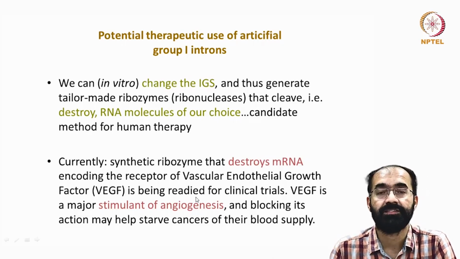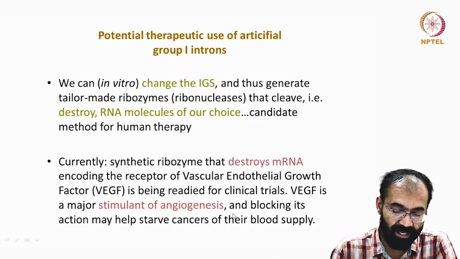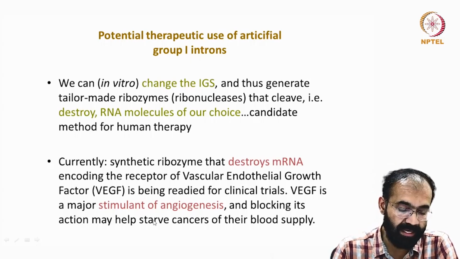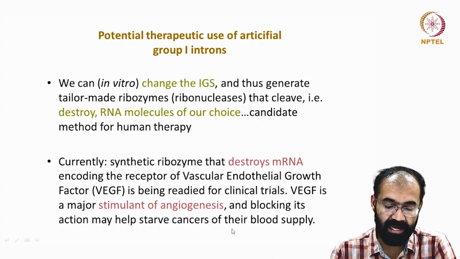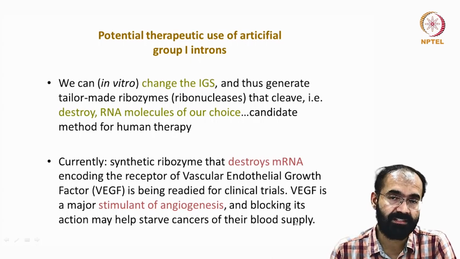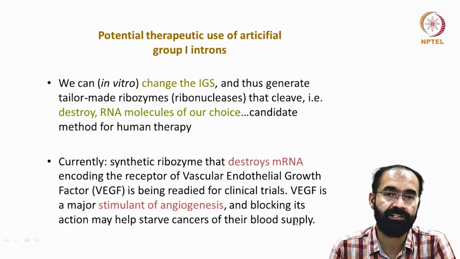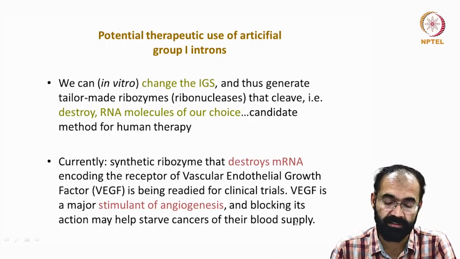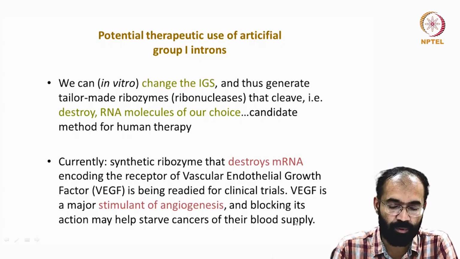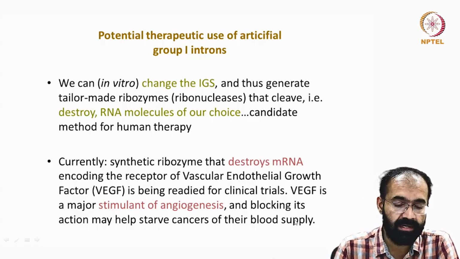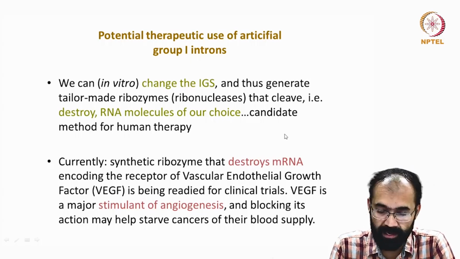So you don't want such damage happening, and if you block the VEGF receptor by degrading its RNA, it can starve the cancer cells of their blood supply and can cause the retardation or the degradation of the tumor bulk or tumor size. So these are some of the clinical approaches that are done using artificially created IGS sequences onto the ribozyme.